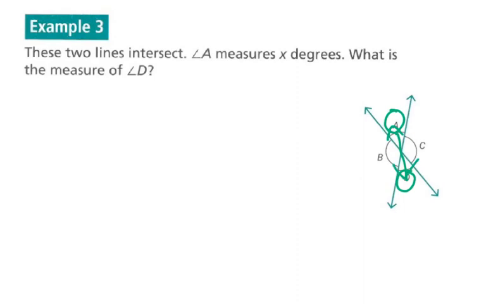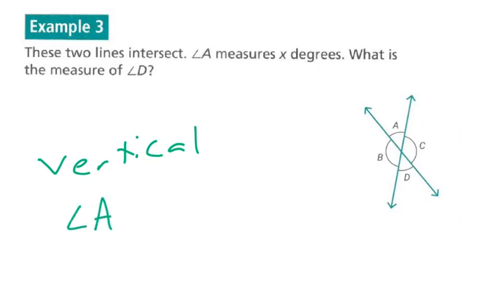So, since they are across from each other, these are called vertical angles. So, they're formed by the same lines and they are opposite each other, basically. So, if they're vertical angles, that means that they're equal. So, angle A is going to be equal to angle D, and they said that A is x, so that means that angle D is going to be x, because they have to be equal to each other.